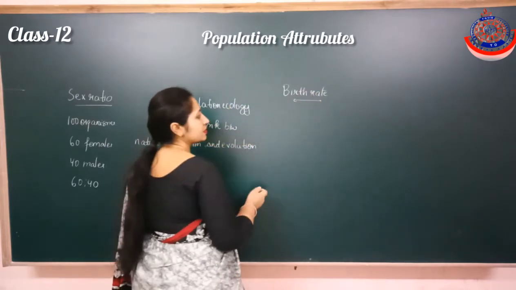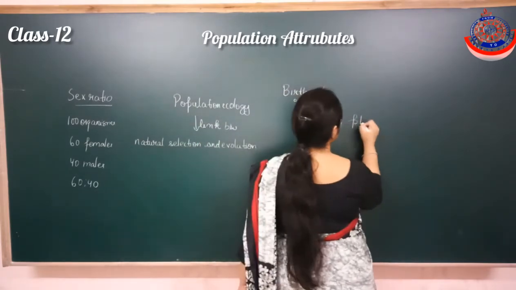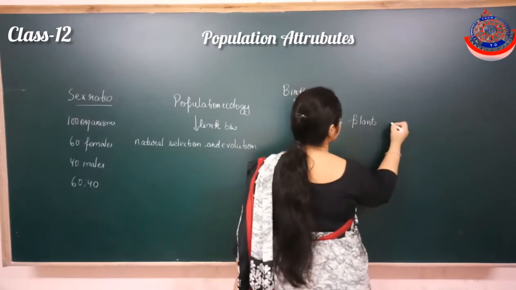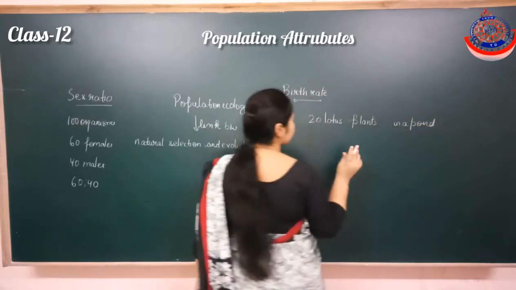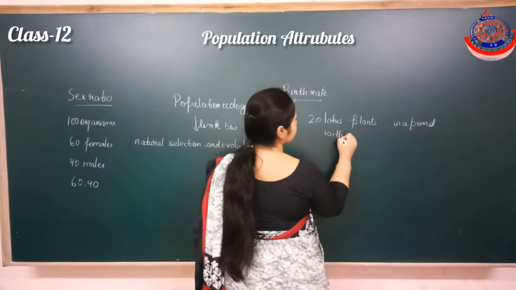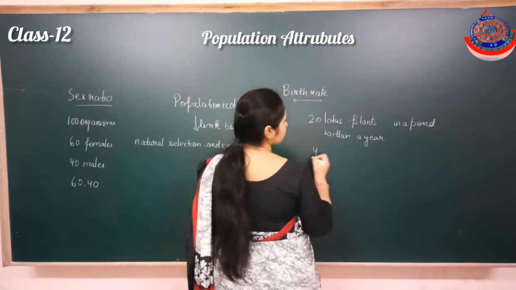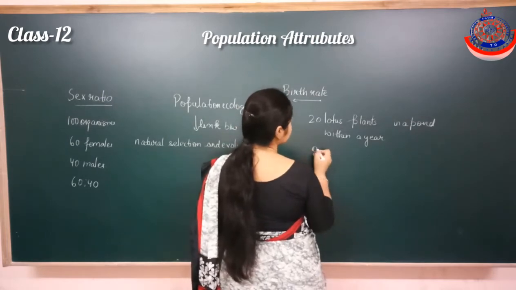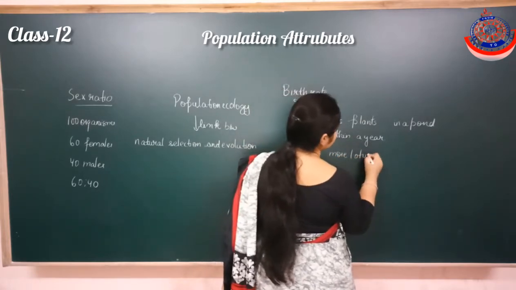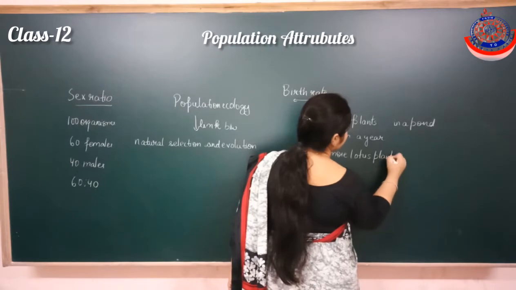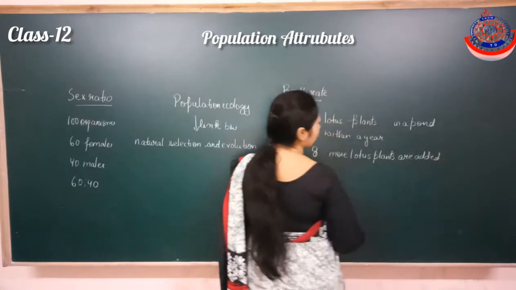Suppose one example: around 20 lotus plants are present in the pond, and within a year 8 more lotus plants are added through reproduction.